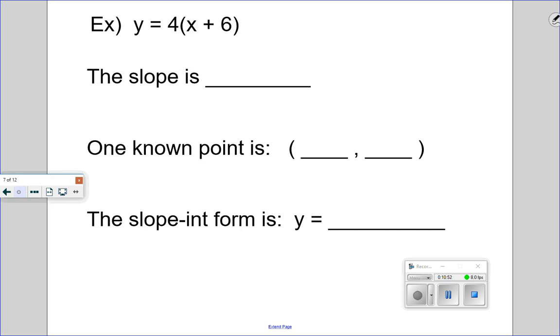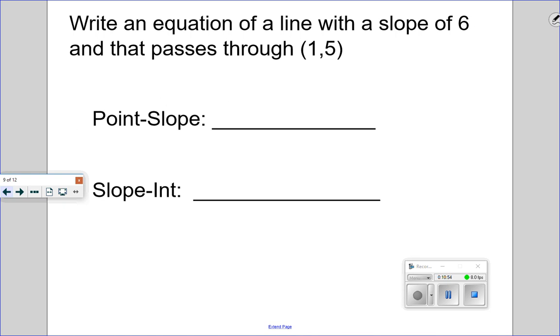Now there are other things we can do with slope-intercept form as well, and point-slope form, I mean. It's actually easier to write equations in point-slope form depending on what information you're given. So if I ask you to write an equation of a line whose slope is 6, and it passes through the point (1, 5).